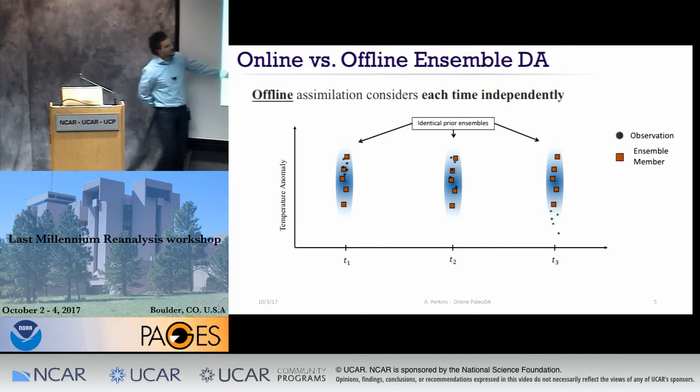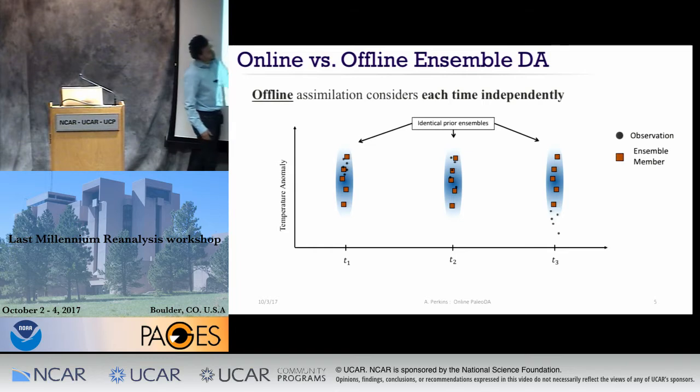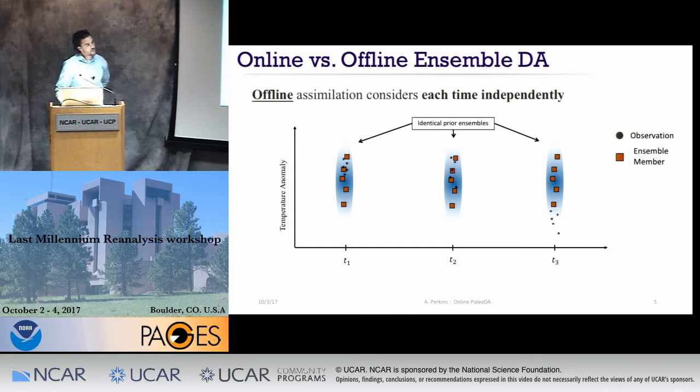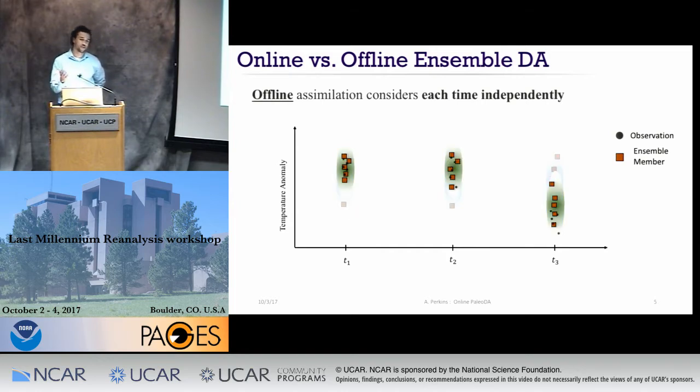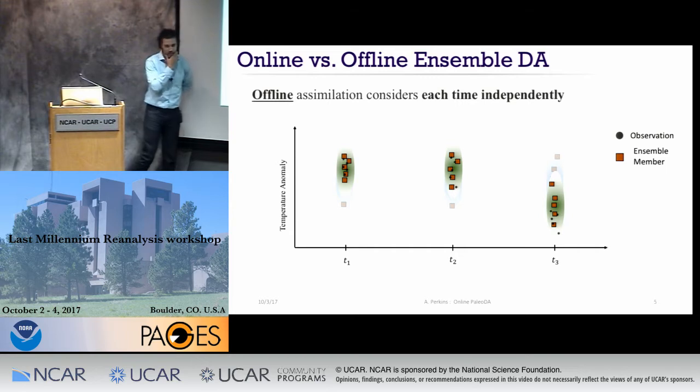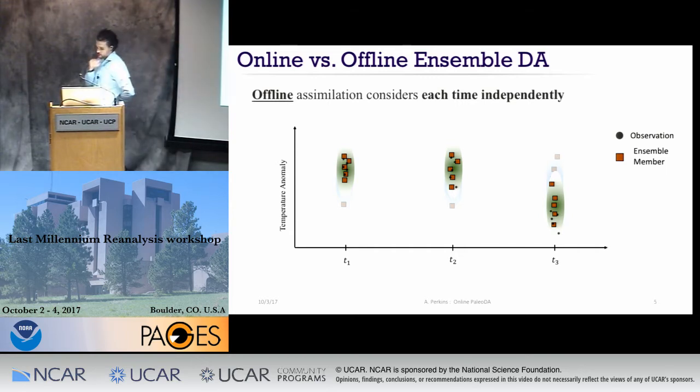The little black dots, maybe you would consider observations. But the fact here is that in offline assimilation, you make the same guess for every year. You don't really think that you have any skill from one time to the next. You assimilate that, it makes things easier computationally, and you get your best estimate. But there's no information that's considered between these time periods.